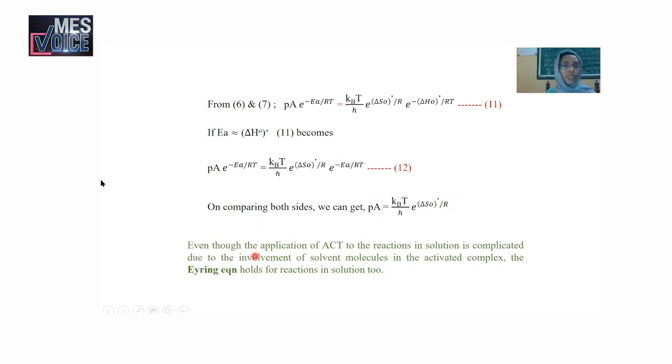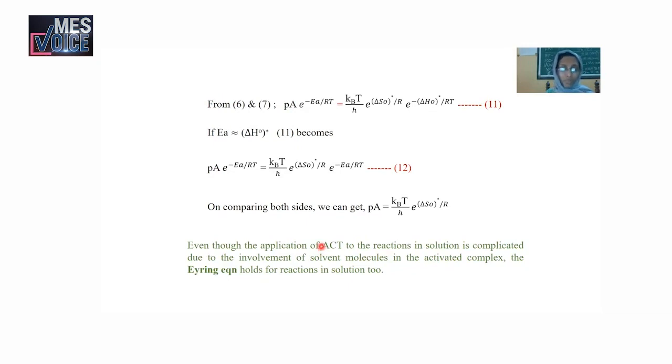Even though the application of activated complex theory to reactions in solution is complicated due to the involvement of solvent molecules in the activated complex, reactions in solutions include the reactant molecules and, in addition, a large number of solvent molecules. These solvent molecules are also incorporated in the formation of the activated complex.